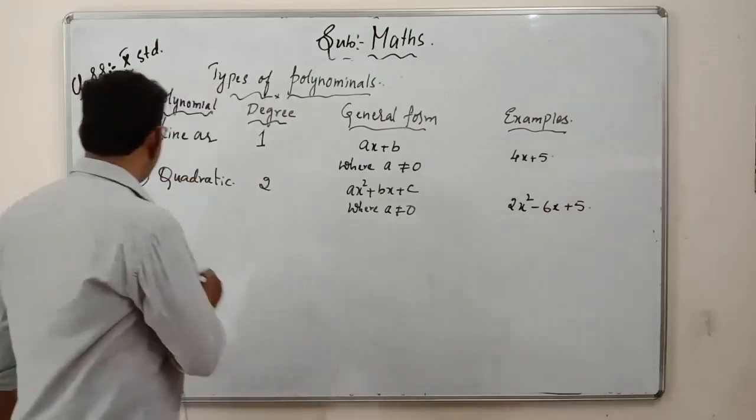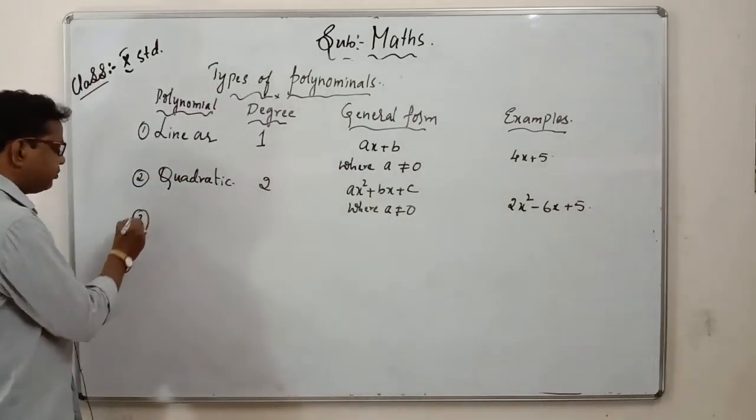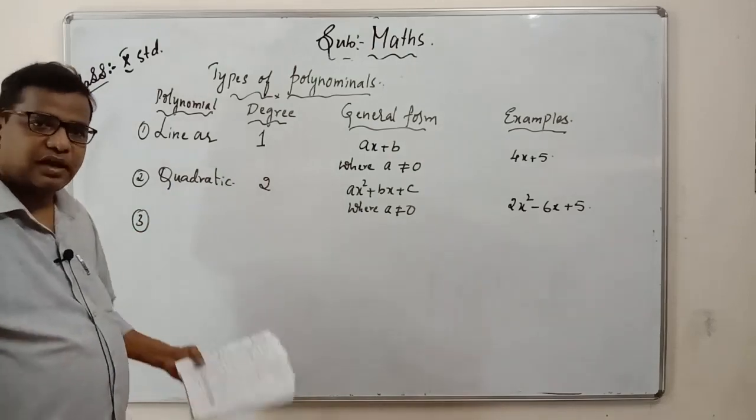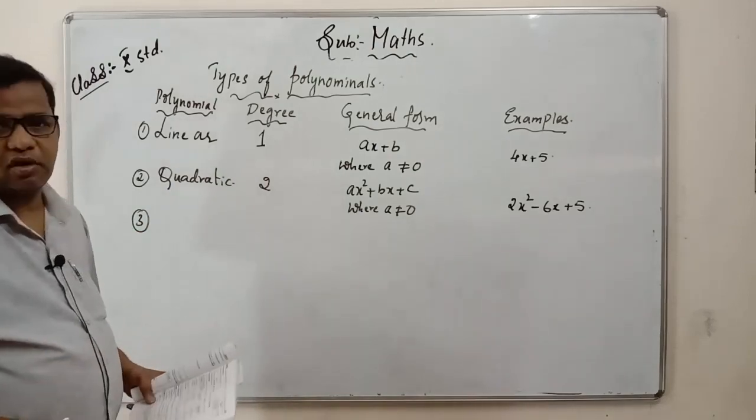And we have the third one. These three are very important for you, but if you go for higher classes, they will learn many more polynomials. For you, only 3 polynomials are given.